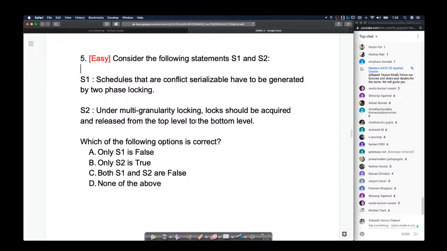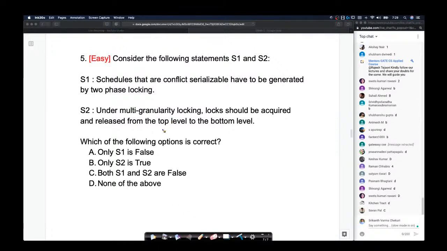Okay, a lot of you are putting in D. Okay, so let's go into the solution. In case the solution that I'm giving is incorrect, just let me know.